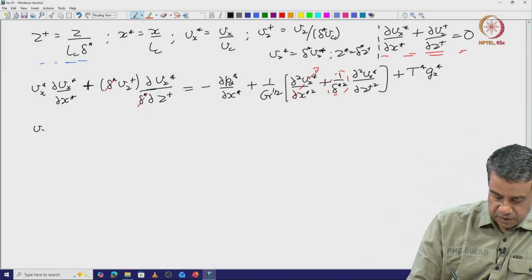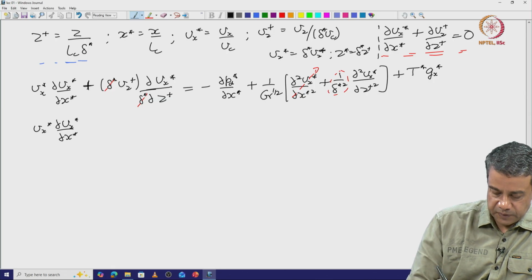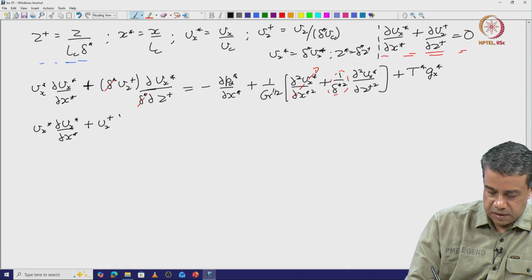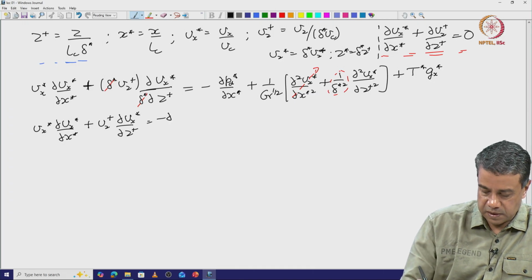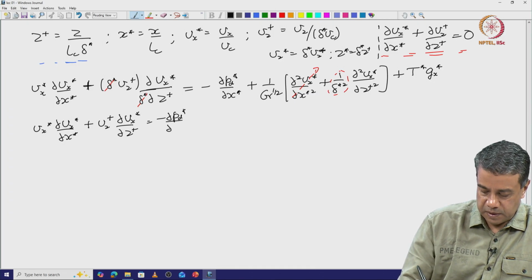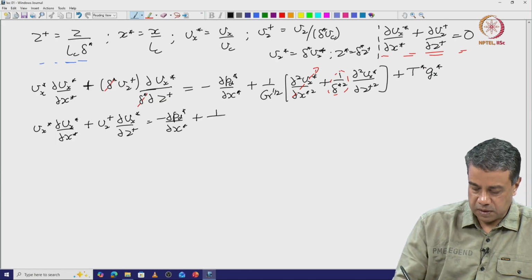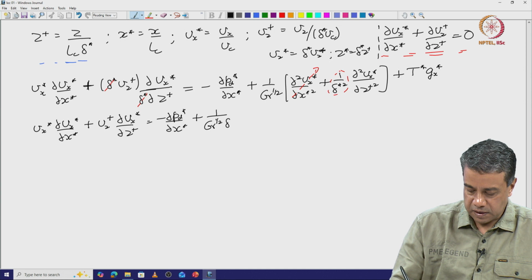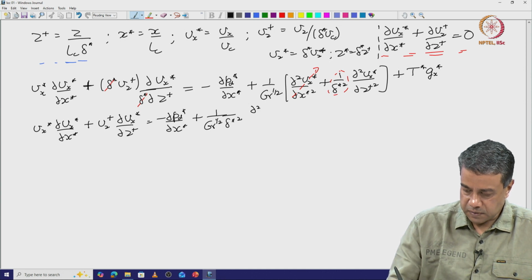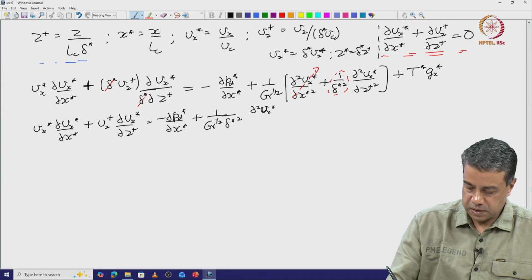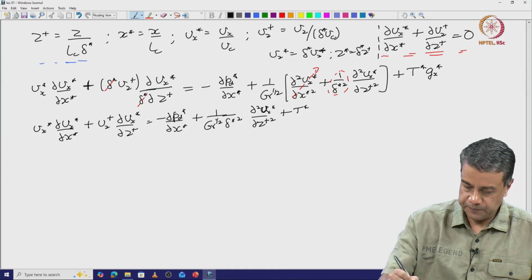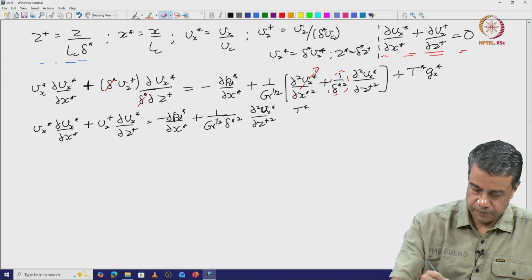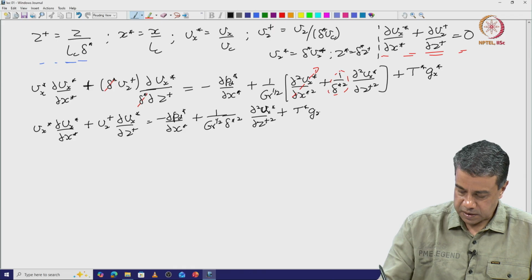So, I will get Vx star partial Vx by partial x plus Vz plus partial Vx by partial z plus is equal to minus partial p by partial x plus 1 by Gr to the half delta star square partial square Vx star by partial z plus square plus T star Gx star.